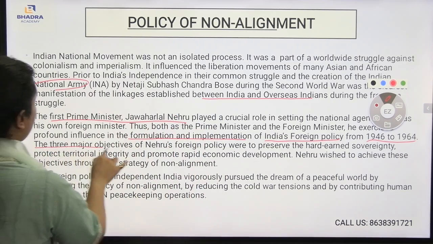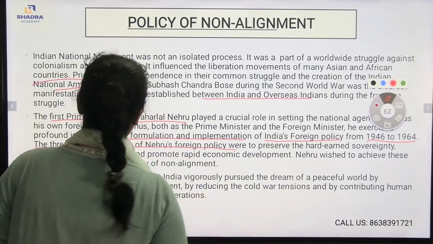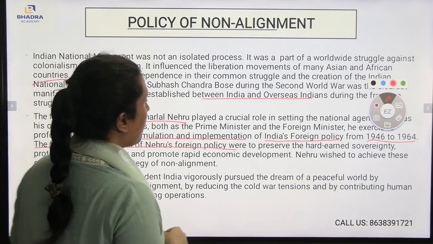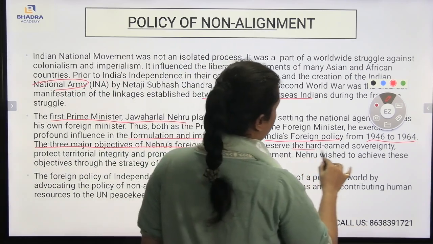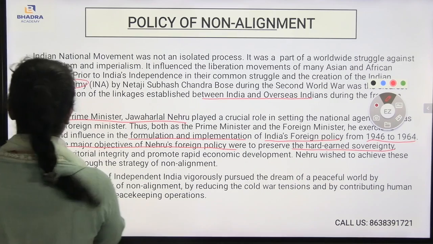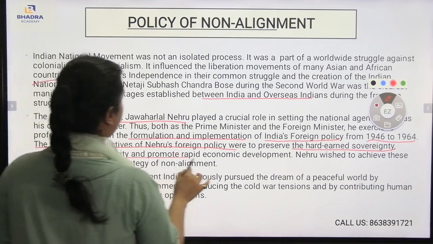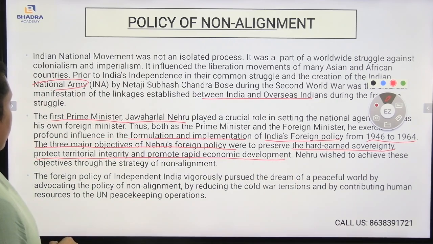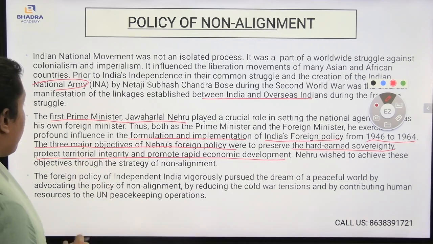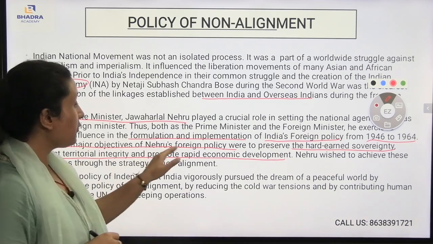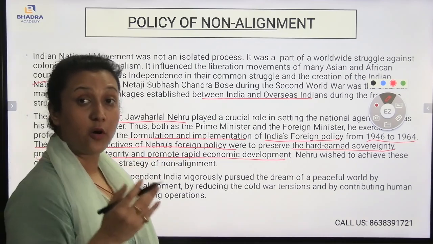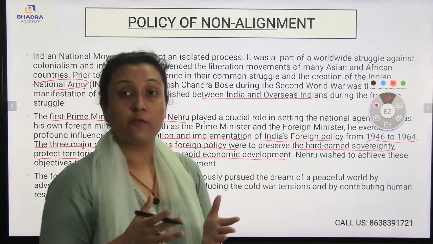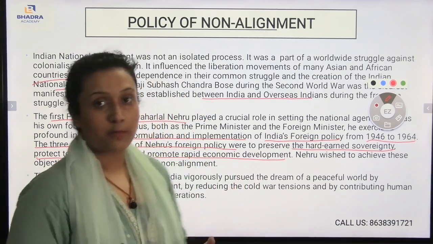And what are the three major objectives of Nehru's foreign policy? The three major objectives were to preserve the hard-earned sovereignty, to protect territorial integrity, and to promote rapid economic development. Nehru wished to achieve these objectives through the strategy of non-alignment. Very, very important. The objectives of Nehru's foreign policy are to maintain sovereignty, so that peace can come in a particular country.